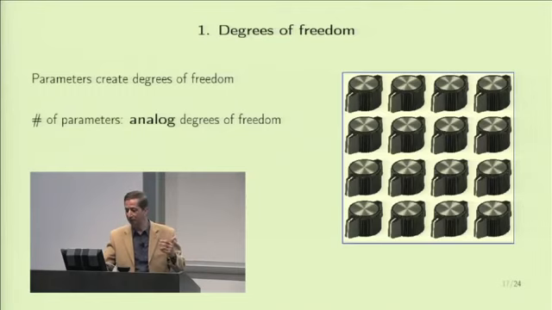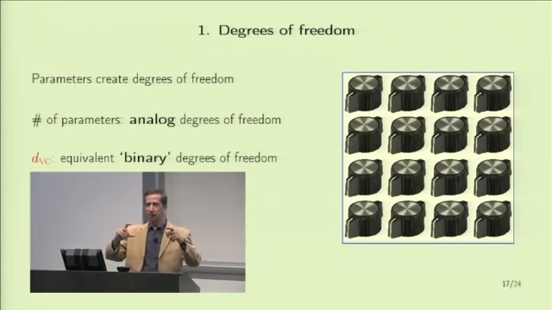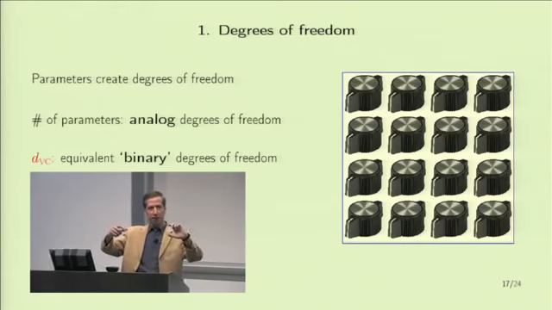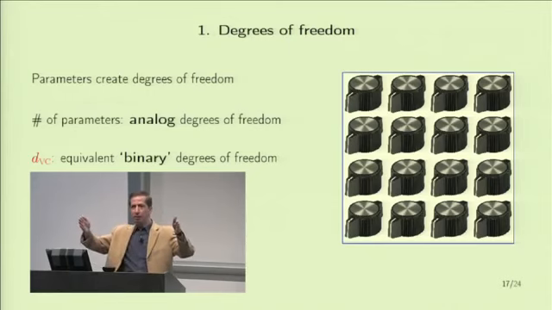The great thing about the VC dimension is that it translated those into binary, if you will, degrees of freedom. Because all you are trying to do is get a dichotomy. So you're asking yourself, when am I free to get any dichotomy I want? For any point, I can get the +1 or I can get -1, independently of the second point. I get +1 or -1, all the way. So you can keep adding the points and see how far you can get away, and the maximum you can get is the VC dimension.